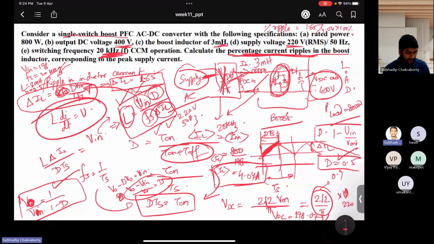So what is this coming? 1.65 divided by 4.04. So around how much? Around 40.84.